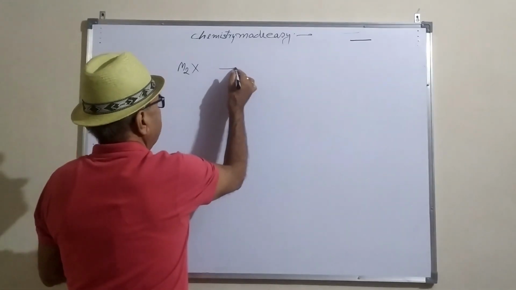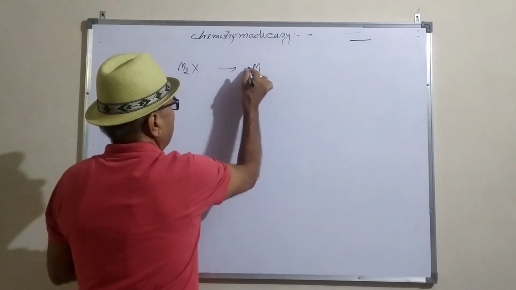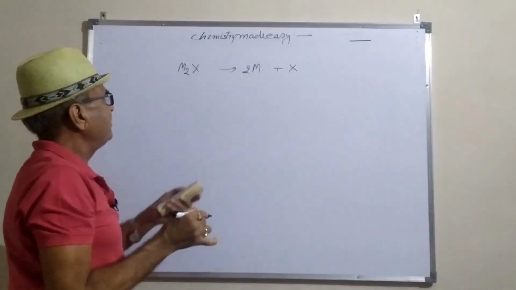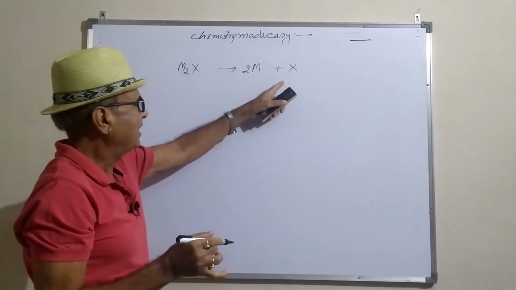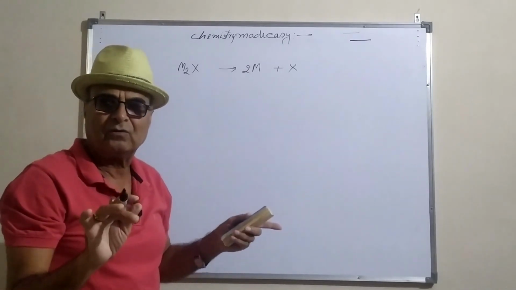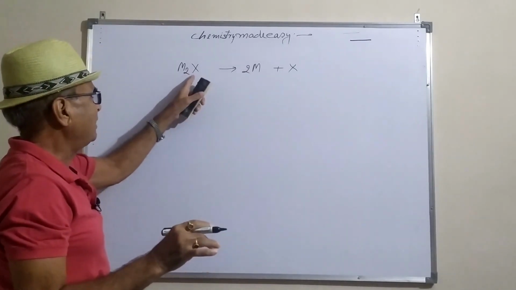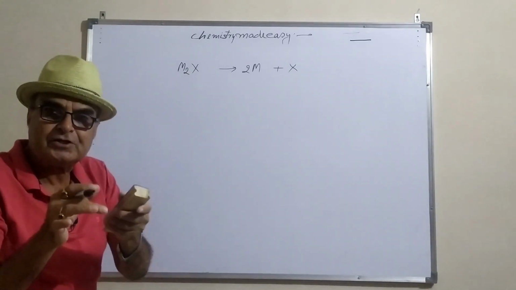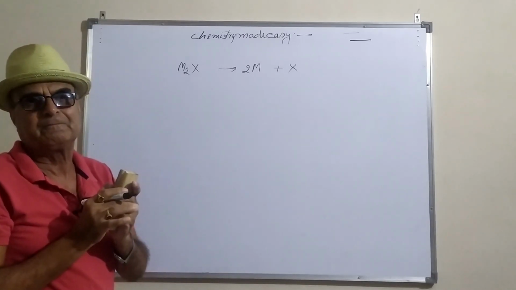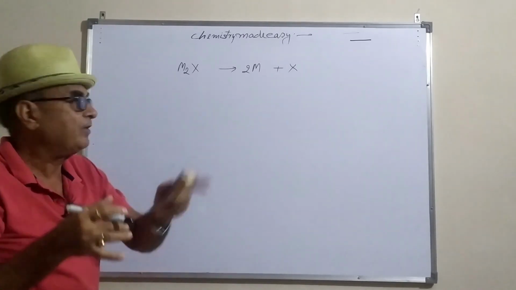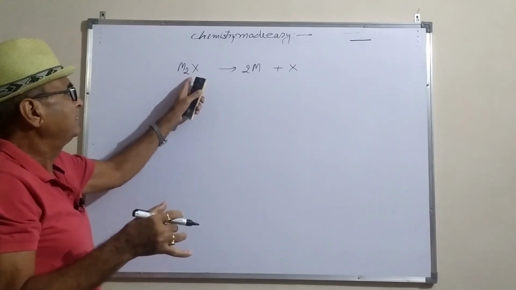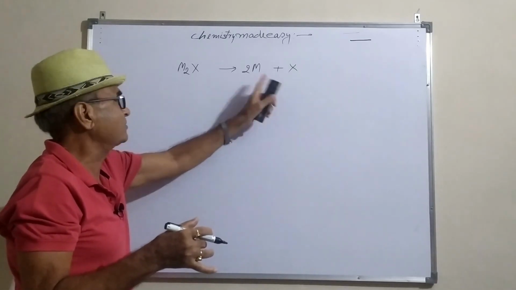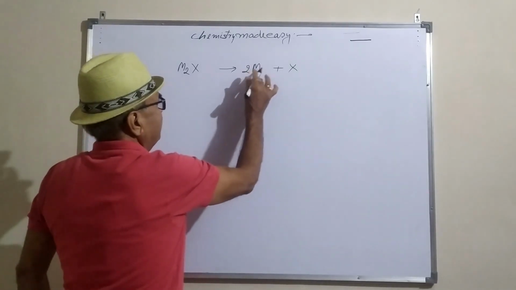If you write it as M2 plus X, you are wrong, because this formula is a combination of two ions. In the same way, when it dissociates, we will get two ions. So here 2M, here X.